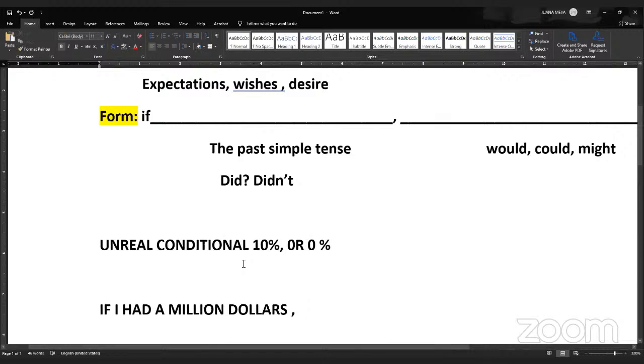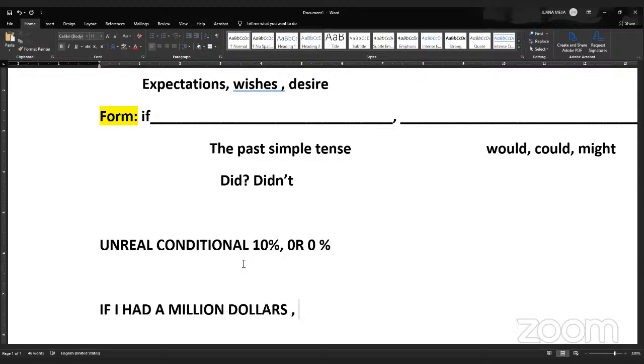Esta es una expectativa de algunos de nosotros o de la gran mayoría. Un deseo. If I have $1 million, si tuviera $1 millón de dólares, ¿cuál es la realidad? No lo tenemos. Por eso se dice que es del 10 al 0%. 10% o 0%. Estoy diciendo que no podremos tener algún día, sí. But in this moment, no.